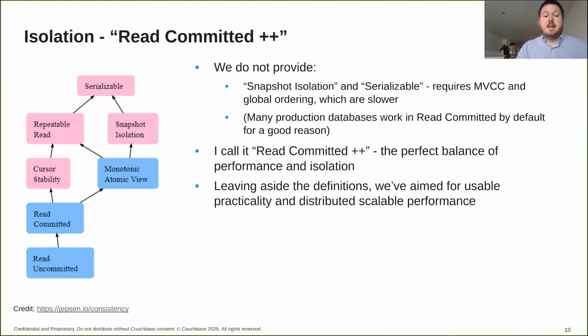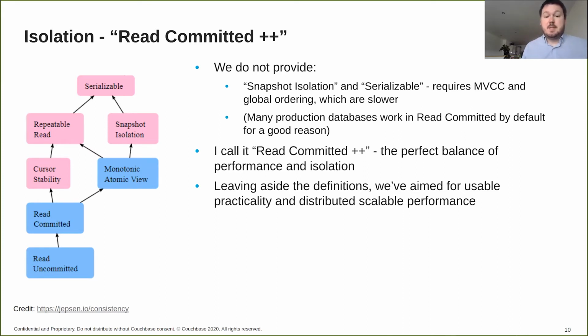What we don't provide is snapshot isolation and serializable. These are almost always based upon MVCC, multiple version concurrency control. They also tend to require being able to globally order your transactions, which can be very challenging to do. So both of those techniques are slow, we feel. We think that the approach we've chosen is going to be very much more performant.